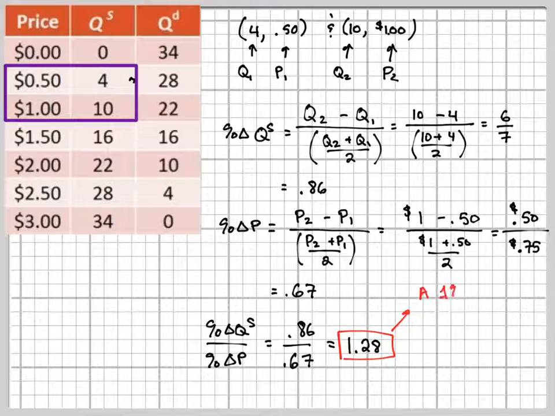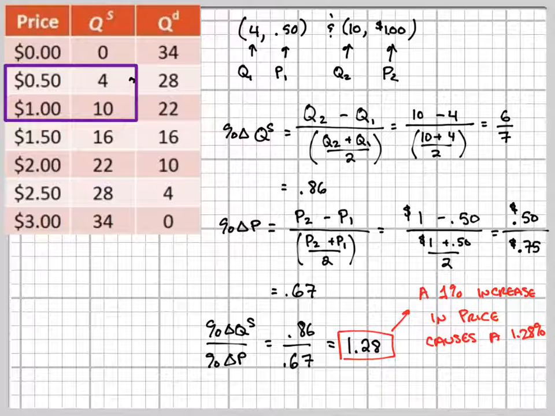A 1% increase in price causes a 1.28% increase in quantity supplied.